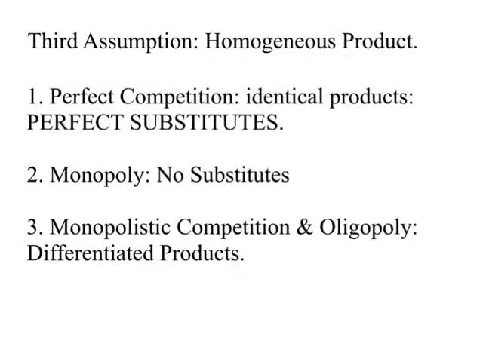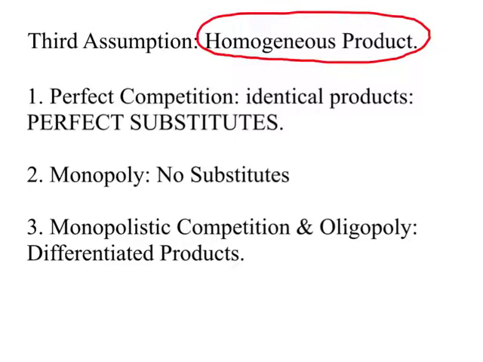Now let us revisit the third assumption we have made under perfect competition, and that is what kind of product is sold by different sellers. What we have assumed is different sellers sell identical products, or what we are looking at is a market where we have homogeneous products.